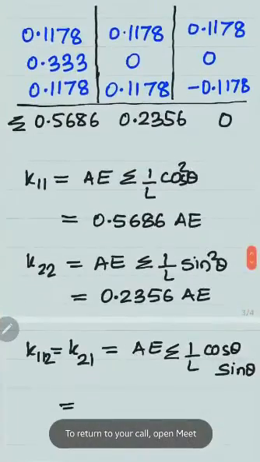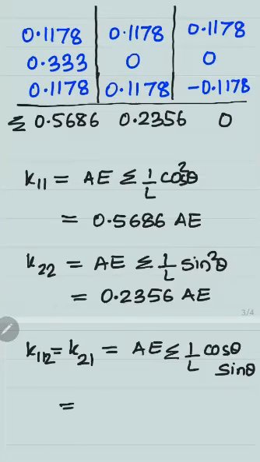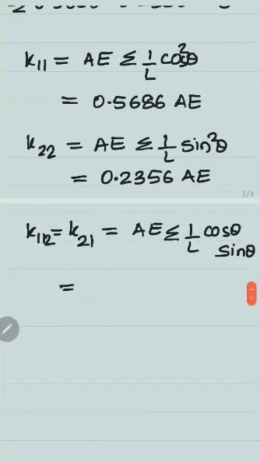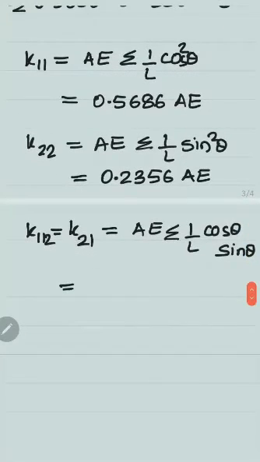See, K11 will be AE times the summation of 1 by L cos square theta, which will be 0.5686 AE. K22 will be AE times the summation of 1 by L sin square theta, which is 0.2356 AE. Similarly, K12 and K21 are AE times 1 by L cos theta sin theta. AE is constant, right? So this will be 0.